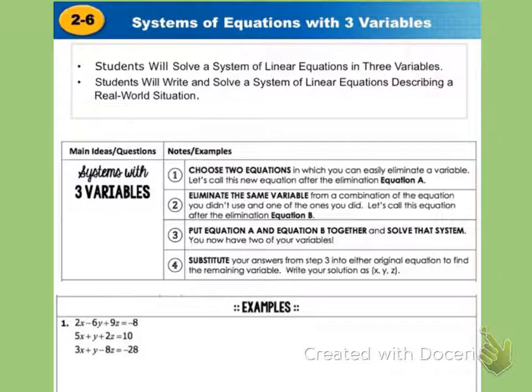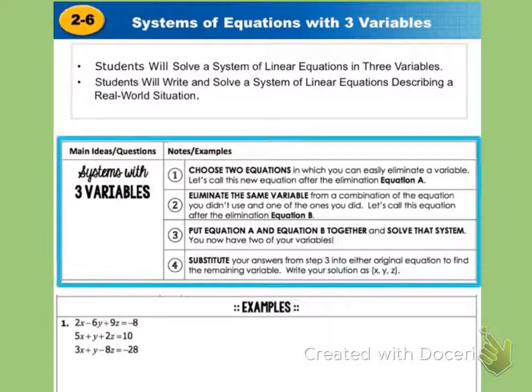So let's take a look at some steps that we might follow to solve systems with three variables. You'll see in example number one what a three equation, three variable system might look like, and we're going to reference this as we go through the four steps. Our first step is to choose two equations out of the three in which we can easily eliminate a variable.